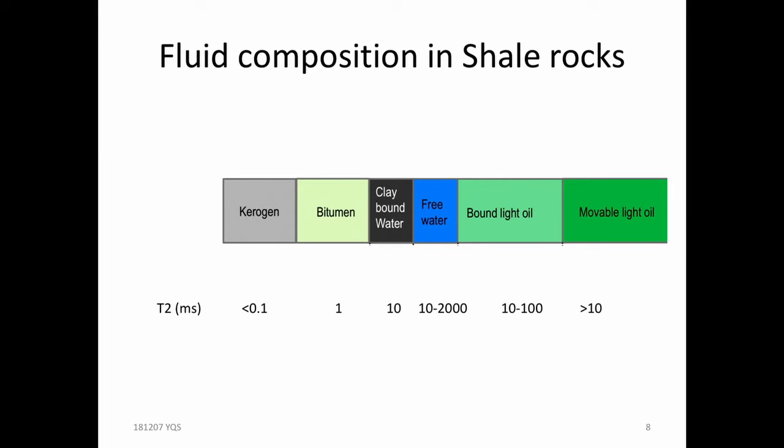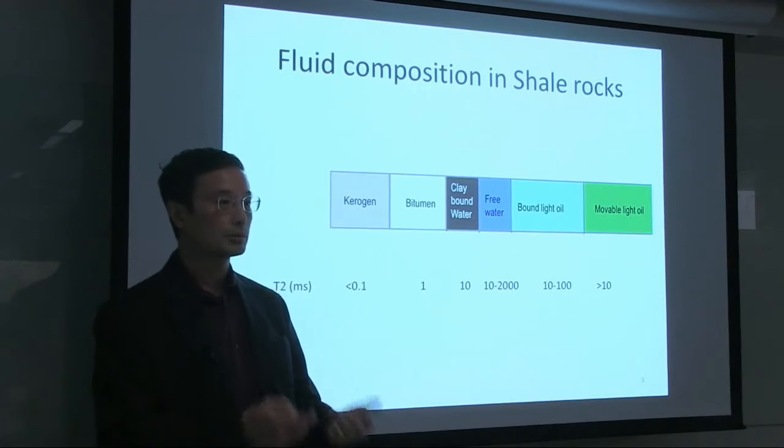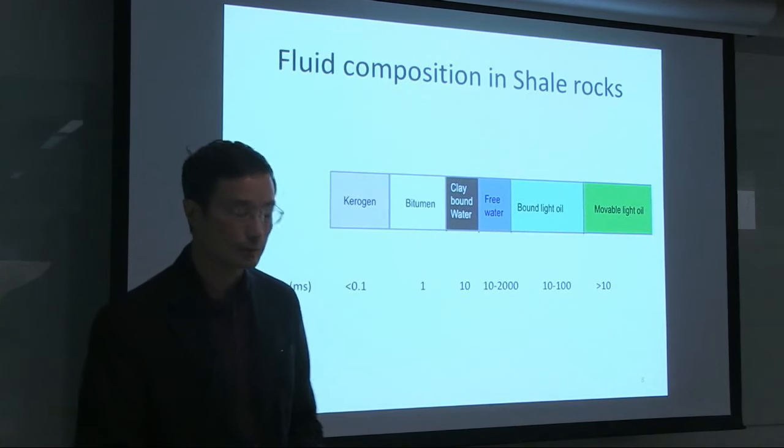In the laboratory, there are plenty of standard techniques that we can use to figure out what these different components are. But you can only do it when you can extract samples. Very limited analysis you can do. So what we want to develop are techniques that translate into downhole measurement, so that we can measure the entire reservoir, right?